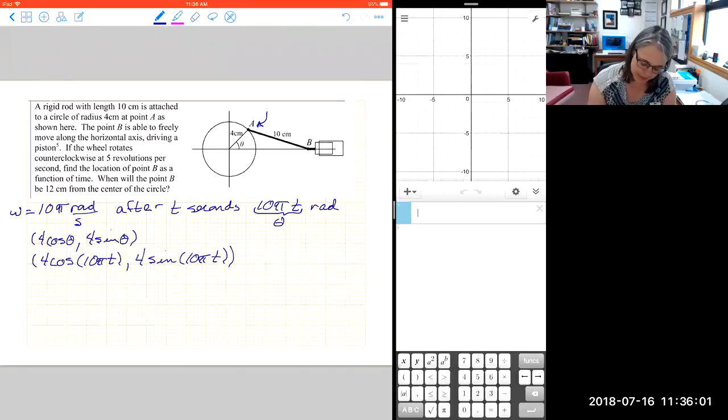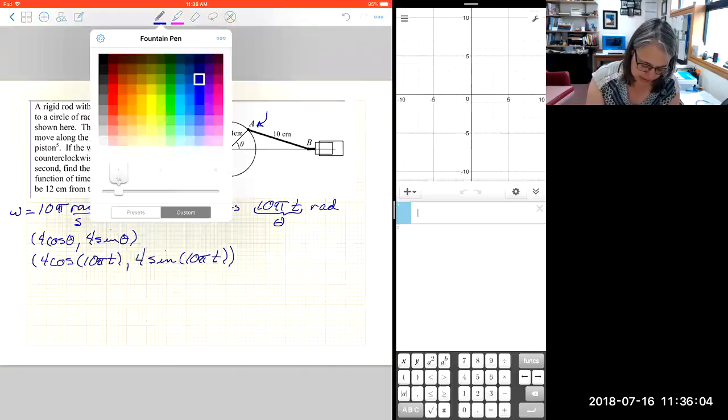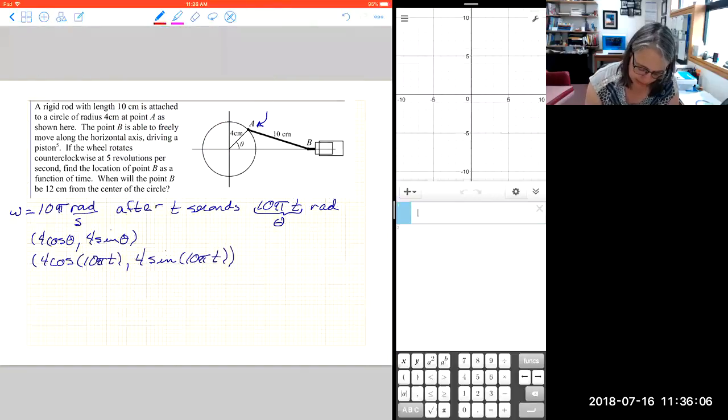Now we like that because once I have those coordinates, then I have the ability to construct this right triangle. So I know x and I know y, which means I know that distance and I know that distance, right?